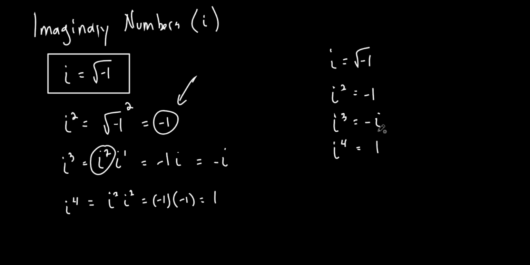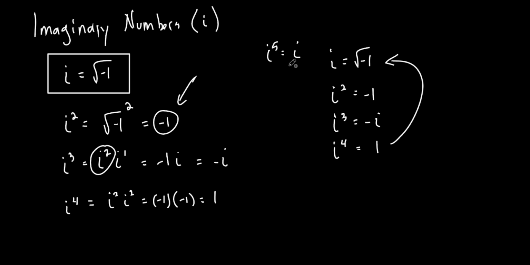And the cool thing about this is, if I keep going, this is just a cycle that just keeps on going back. So what's I to the fifth? I to the fifth is the same as I to the fourth times I. What's I to the fourth? 1 times I is I. So I to the fifth is I, or 1I.